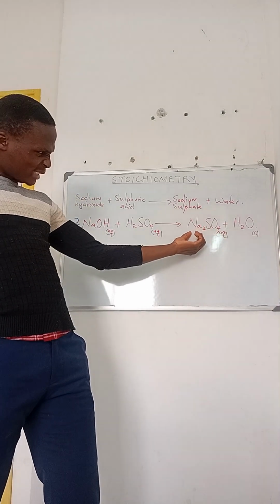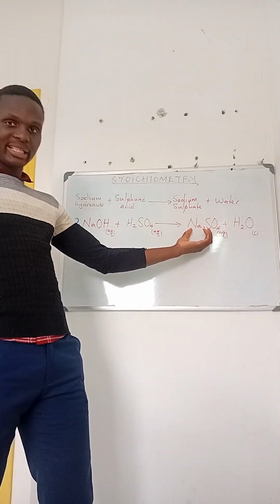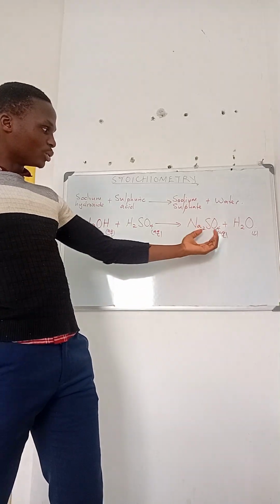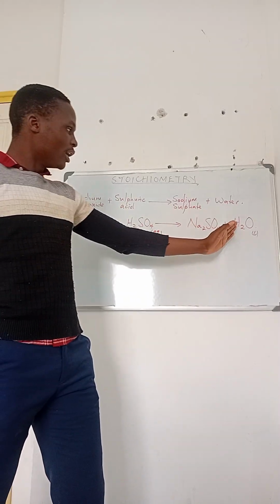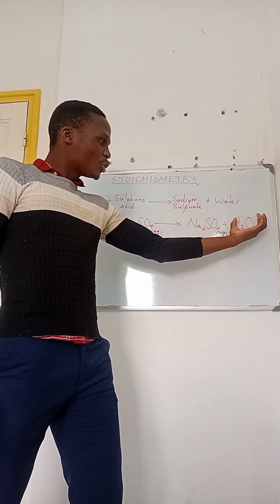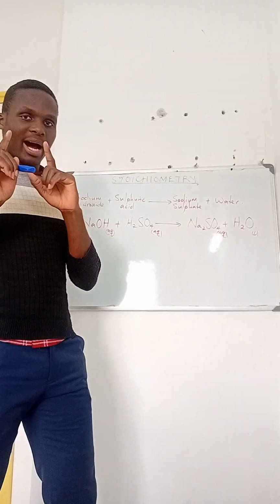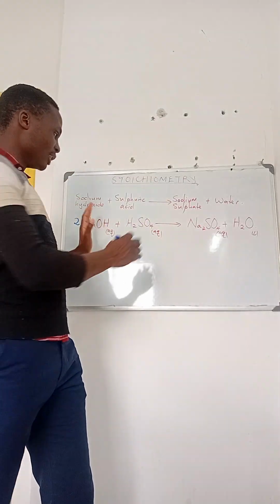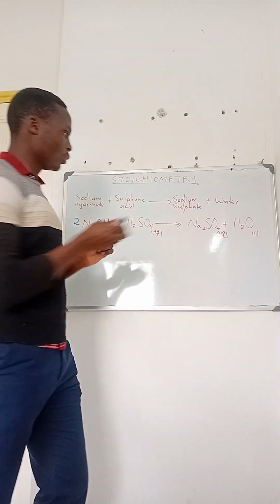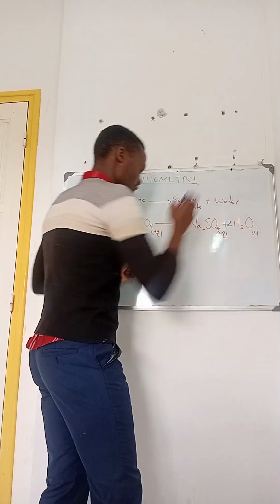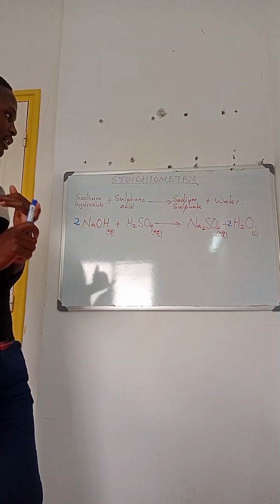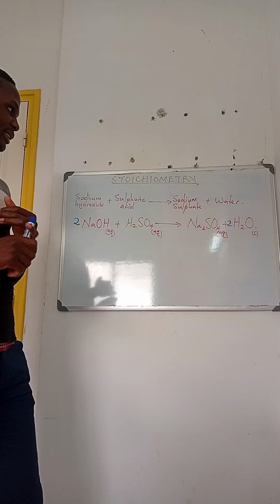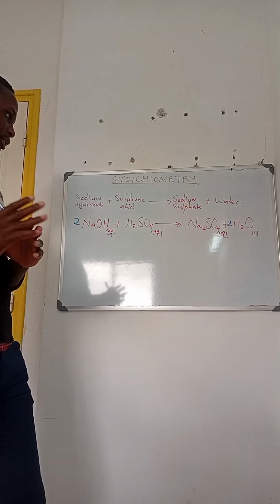The number of sodium atoms is already balanced, so we don't want to disturb this substance. So what we need is 2 more atoms of oxygen, so that there will be 6 on both sides. So we write 2 here. Automatically the number of oxygen atoms on both sides are balanced.